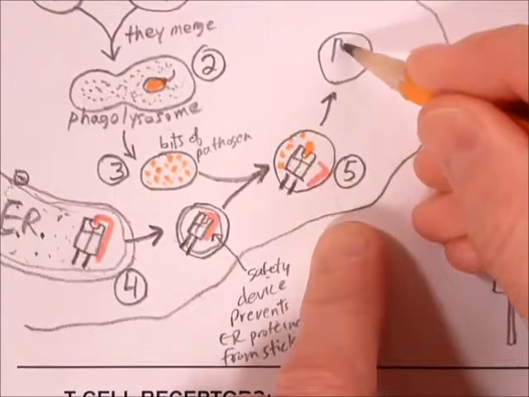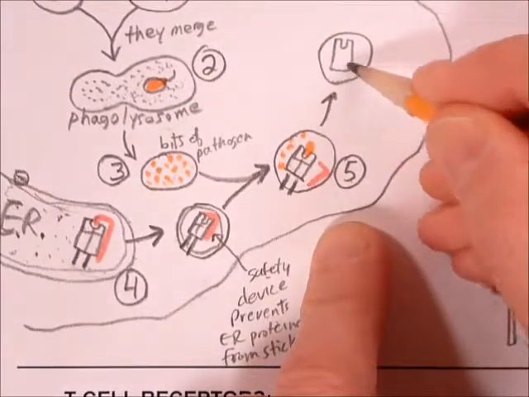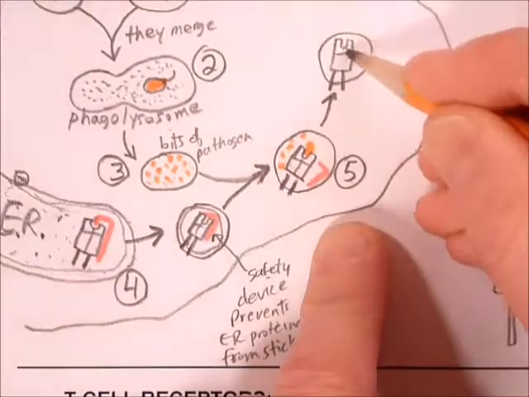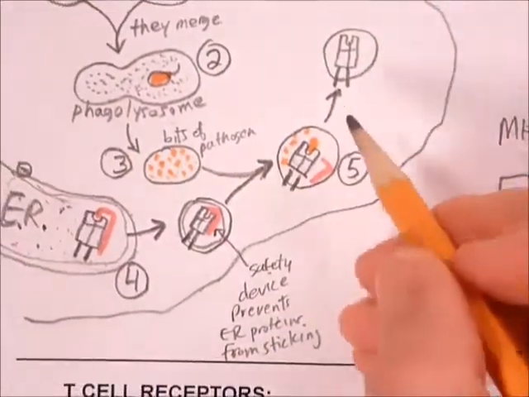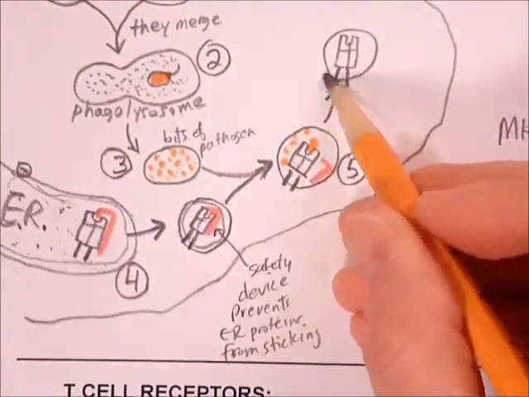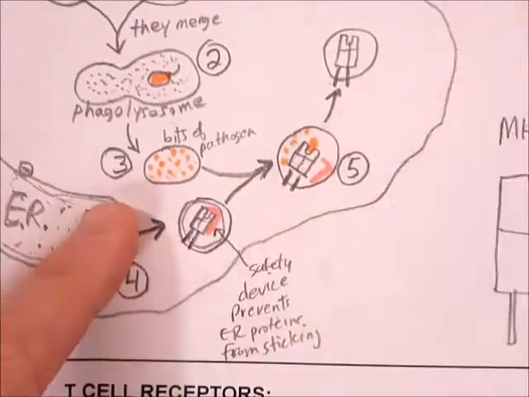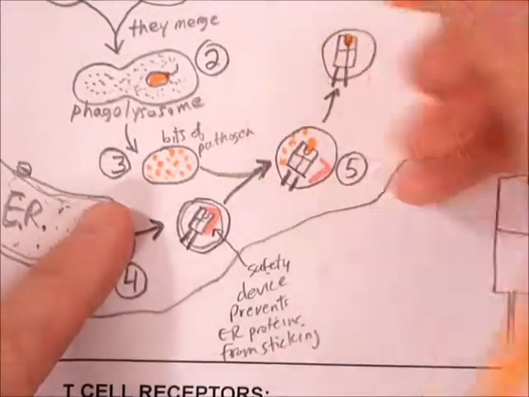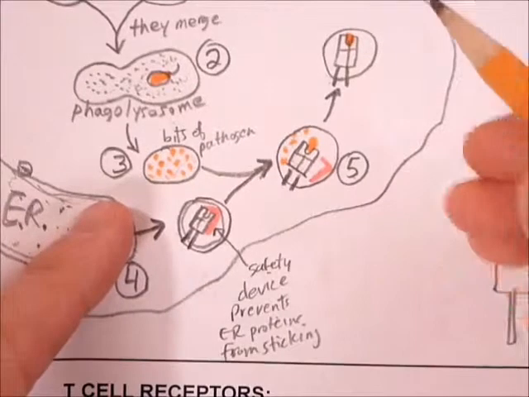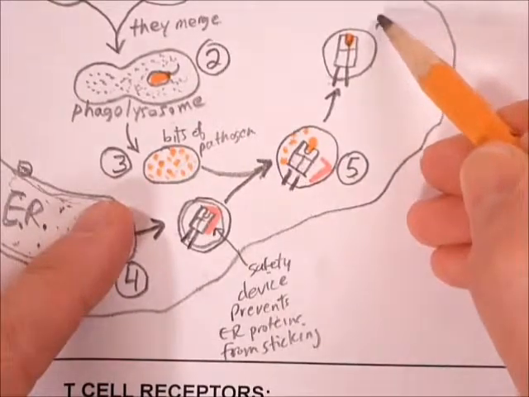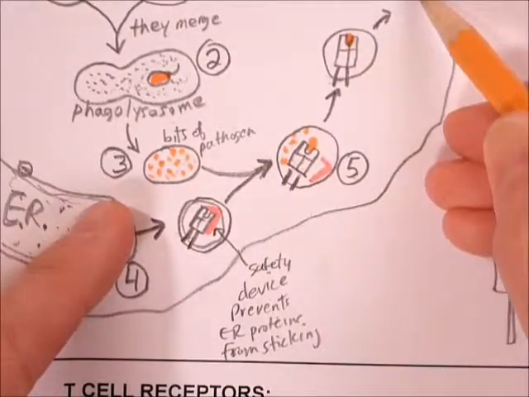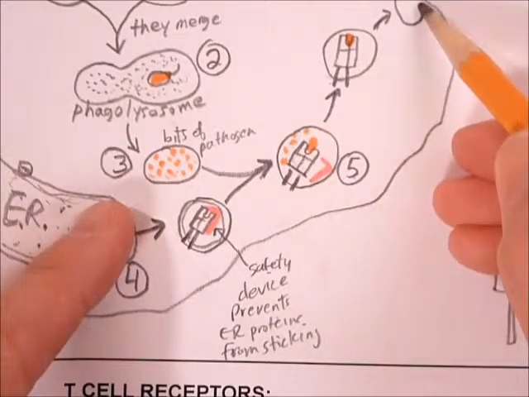Here it is. I'm just going to make sure, see how I embedded those two little pieces in the membrane here, because you'll see what's going to happen. It touches. Let's pretend it has already touched.